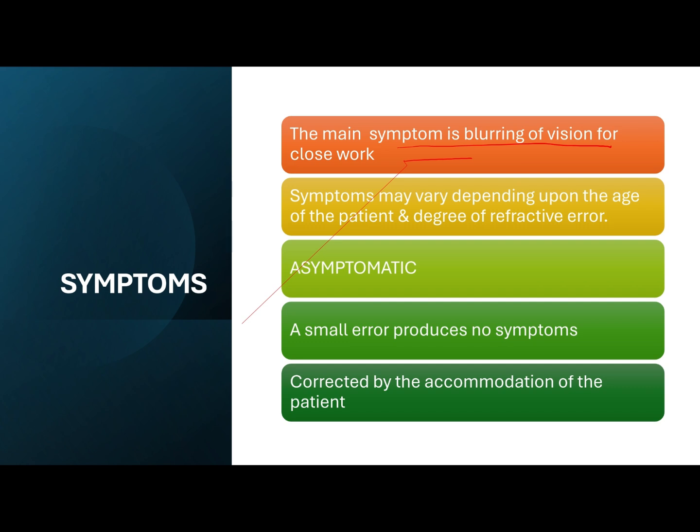The symptoms may also vary depending upon the age of the patient and the degree of refractive error. A mild patient may be just asymptomatic. A small error may not produce symptoms because it is corrected by the accommodation of the patient.